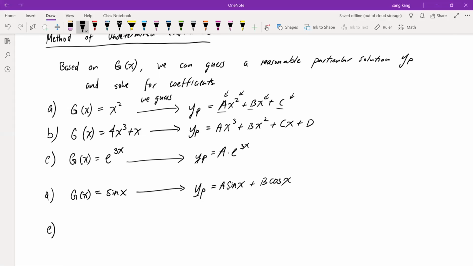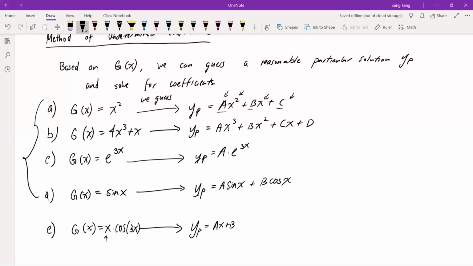If we have the product, we can also have the product of any two of the forms from A through D. So if we had a polynomial times, let's say, a cosine function, this is the product. Our trial particular solution is going to be the product of two guesses. If we had just this x term, we would have had ax plus b, right?